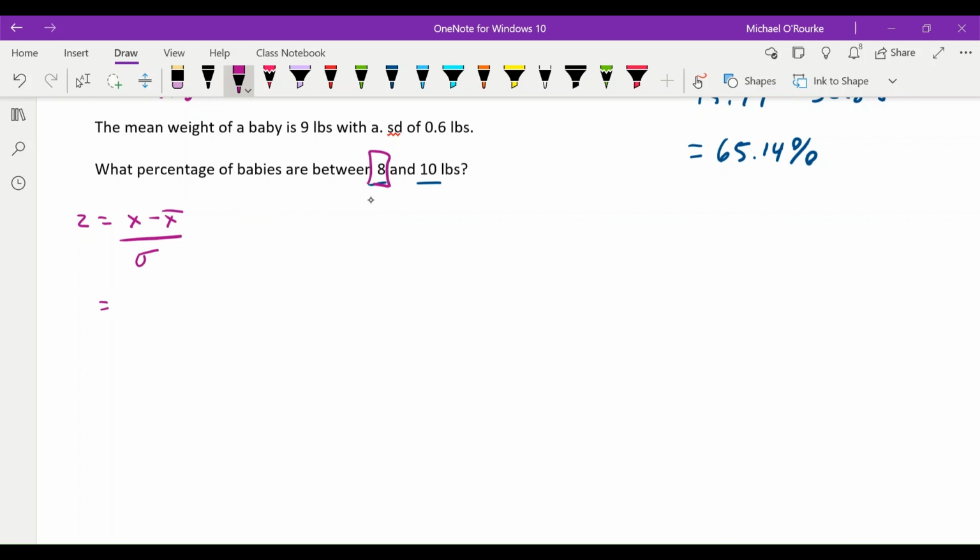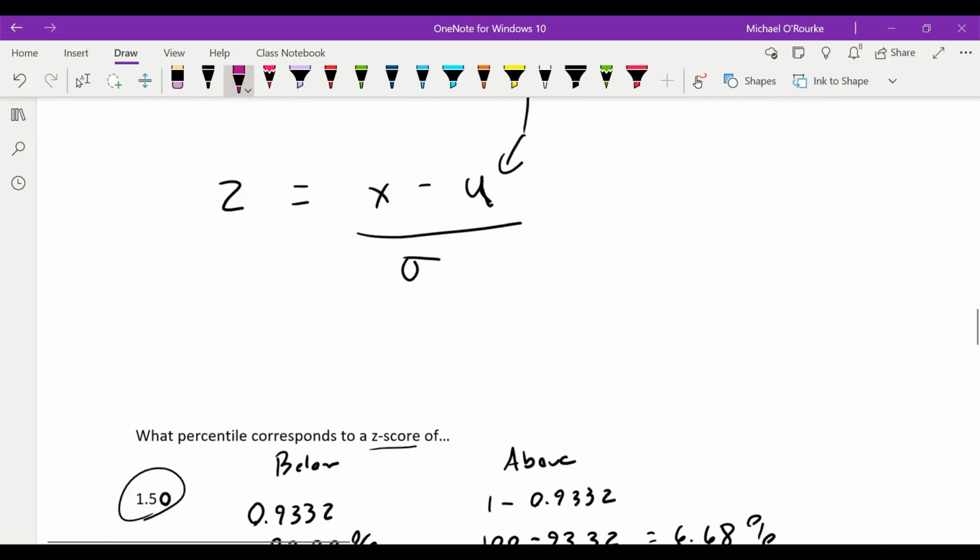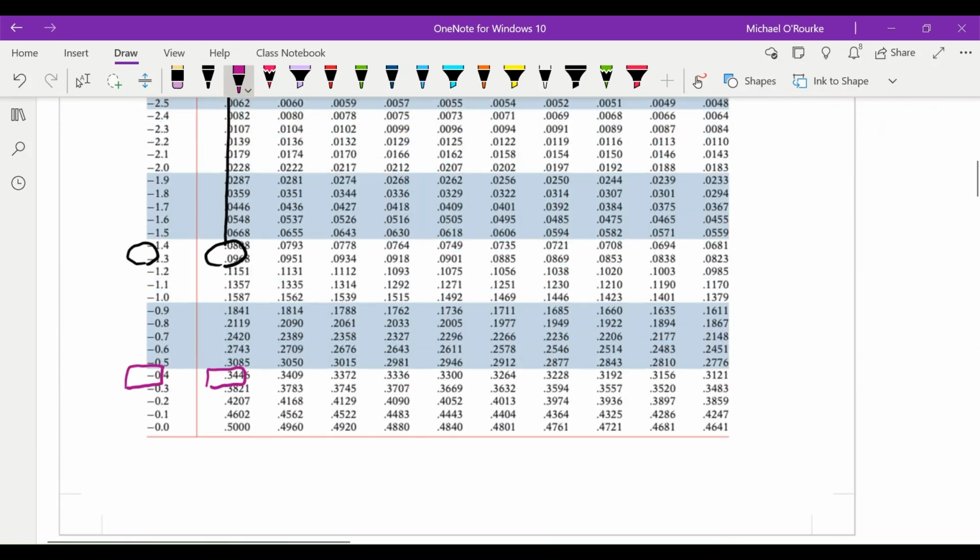So the x is 8. 8 minus 9 divided by 0.6. Negative 1.67 is my number.